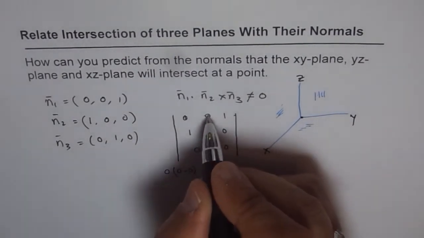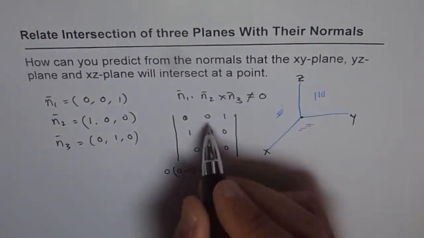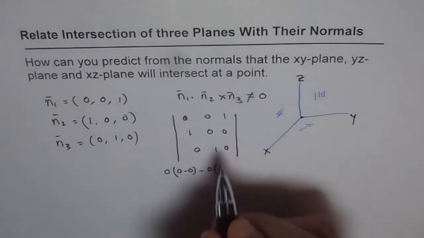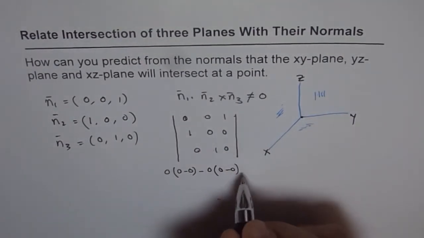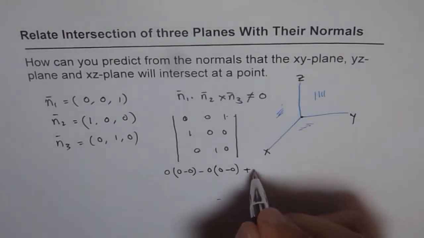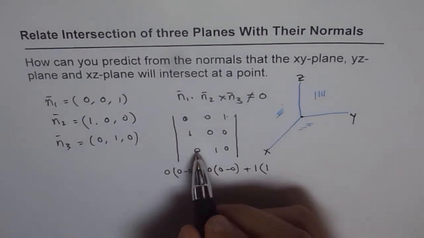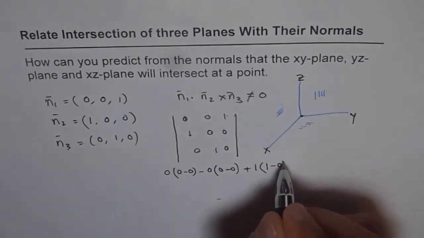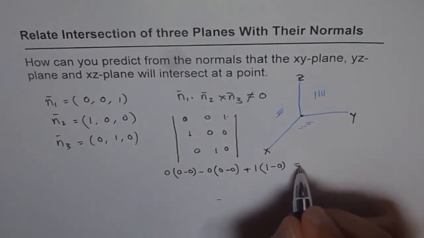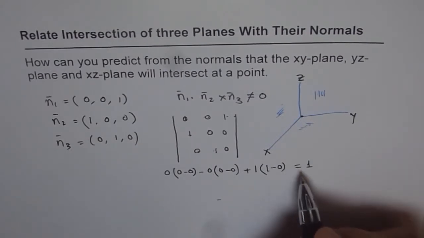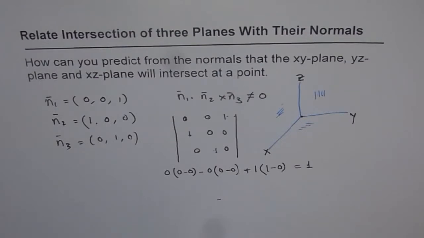And then with this we get minus 0 times 1 times 0 is 0, and 0 times 0 is 0, so minus 0, correct? And then we have 1 times 1 is 1, so we at least got something here, minus 0, minus 0. So effectively what do we get? 1 times 1 is 1. But the most important thing is that this is not equal to 0, correct? Now that is the answer.